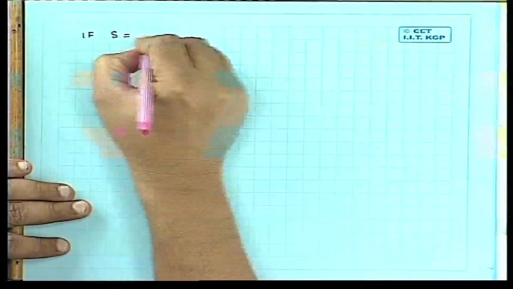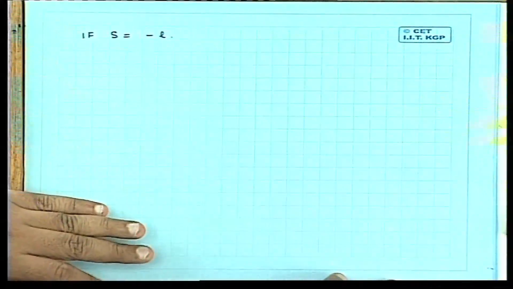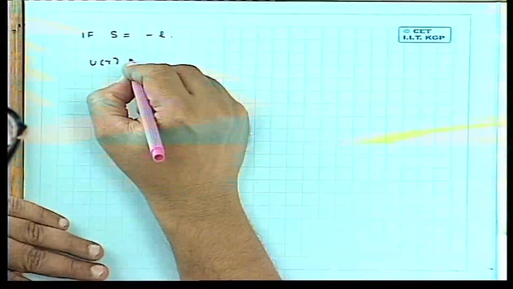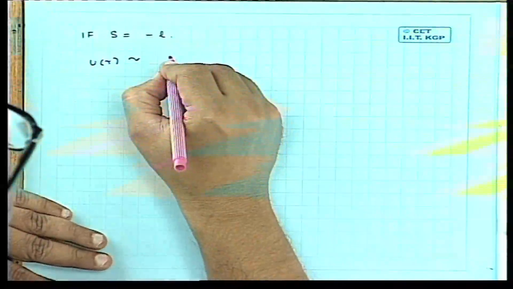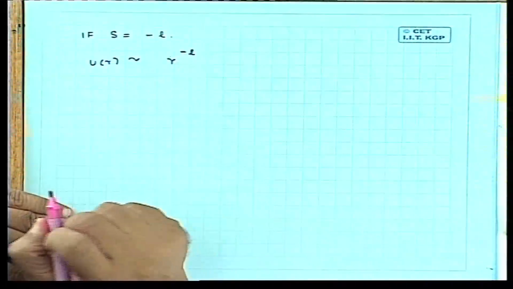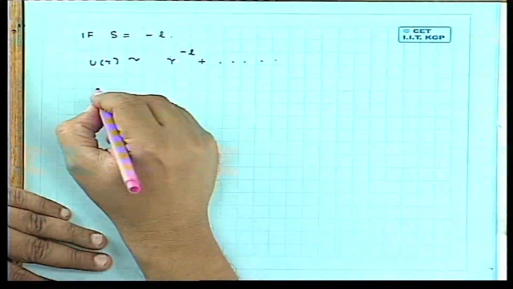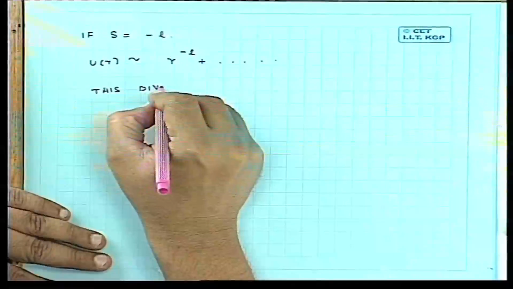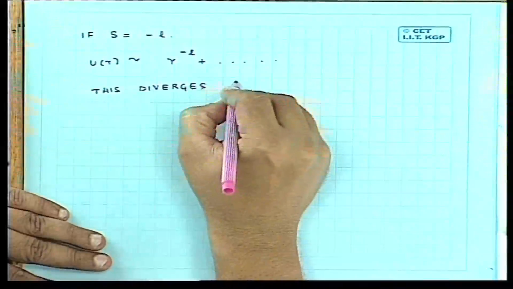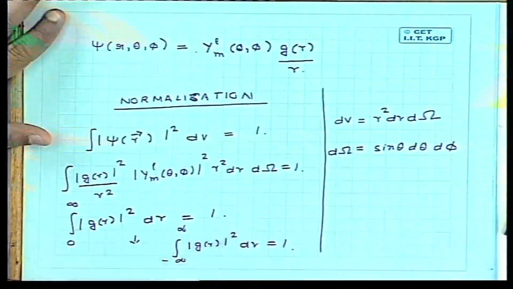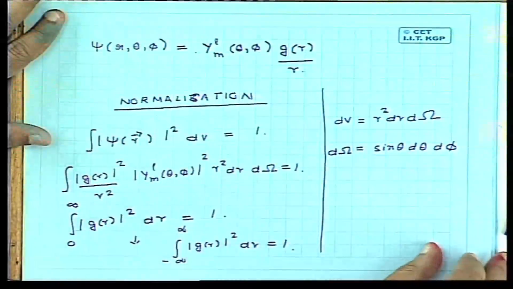If S is equal to minus L, then the first term in the expansion of UR is going to be R to the power of minus L, plus higher powers of R. But if we have R to the power of minus L, this diverges as R tends to 0, and it will not satisfy the normalization condition that the integral of g square r dr should be equal to 1.